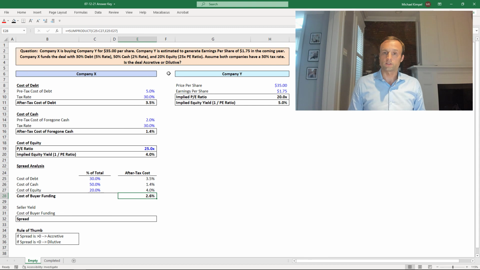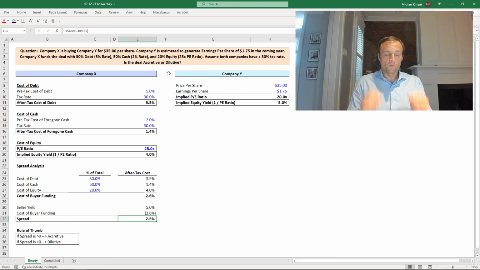And our blended cost of financing is 2.6%. So down below, we'll compare the 5% yield that we're going to generate with the purchase of the equity of the target to the 2.6% cost of funding. And when I sum that up, we're going to have a positive spread. So the answer to this week's question is that this deal is accretive, and quite a bit accretive.